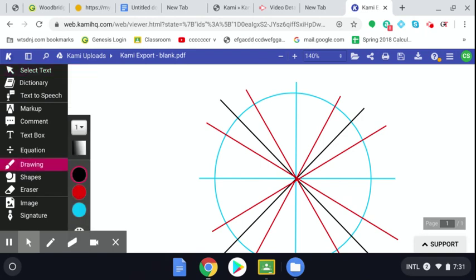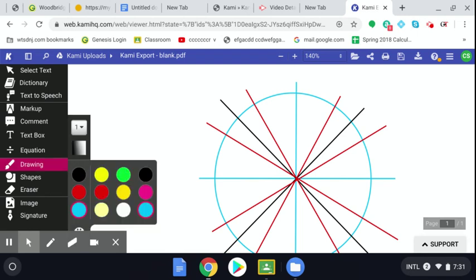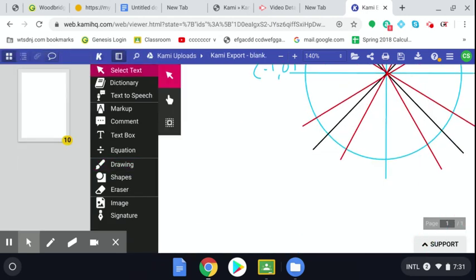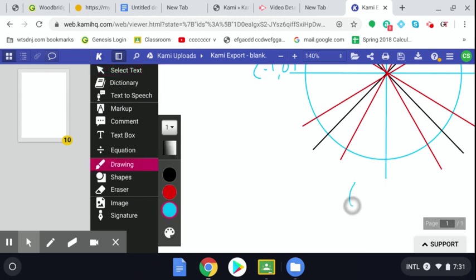I know we said before that the coordinates of this point are (1, 0), (0, 1). This is (-1, 0), and this would be (0, -1). And remember, it's a unit circle, so the radius is 1.